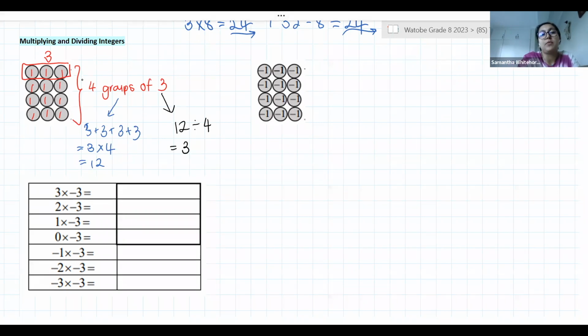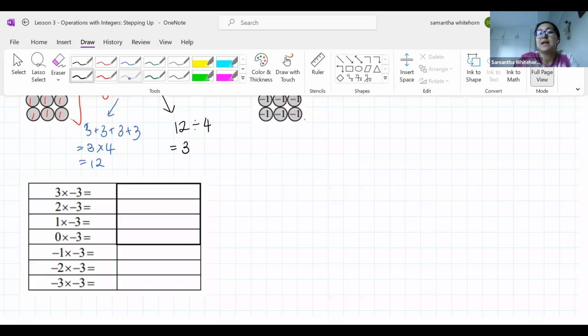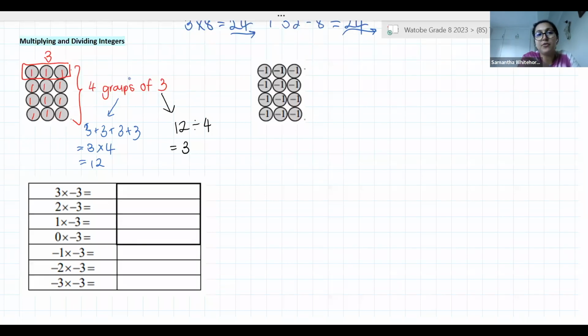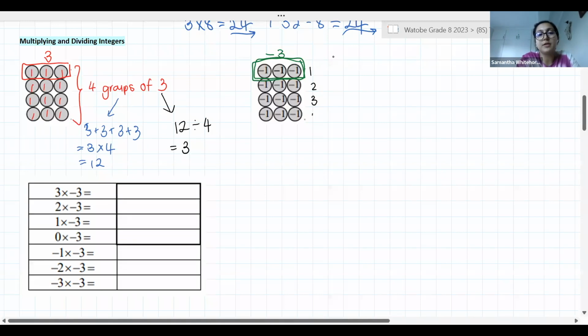But now what we're going to have a look at when we start to talk about integers is this idea of negative numbers. So if we move over to the right-hand side here, you can see I've got pretty much the same diagram, except now all of my circles have a negative 1 in them. And so what this means is that an entire group has a value of negative 3. And so if I now have a situation where I've got 4 groups of negative 3, I'm essentially adding negative 3 four times.